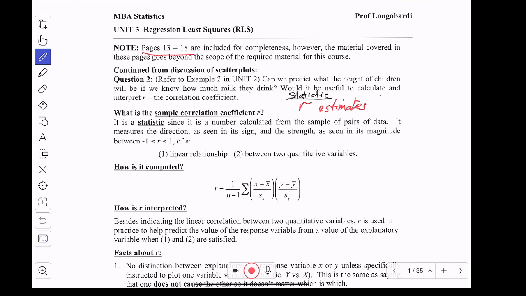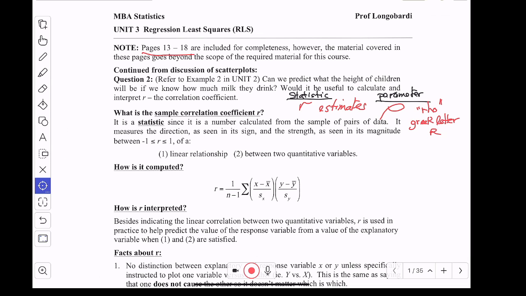So what's the parameter it estimates? It's a Greek letter, and it looks like a P, but in Greek this is an R. Rho. It's a Greek letter R. You're going to see that symbol again, so that's what I'm showing you now.